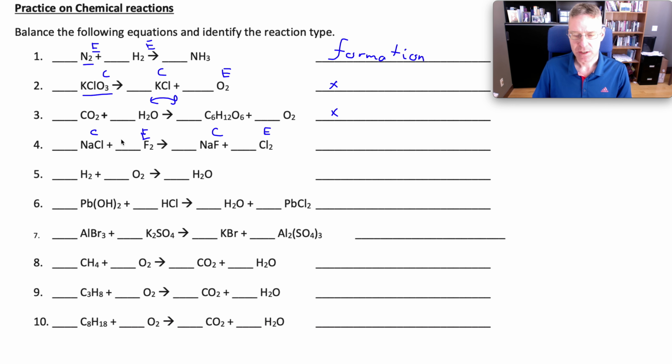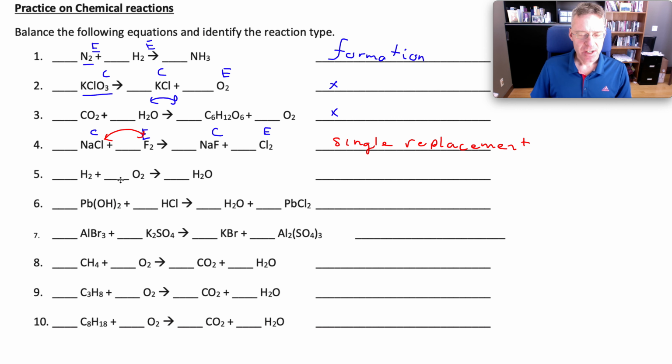So either 2 metals, potential positive species would switch, or 2 non-metals. So in this case, it is the non-metals that will take a switch. So this is a single replacement. Some teachers will call this a single displacement.